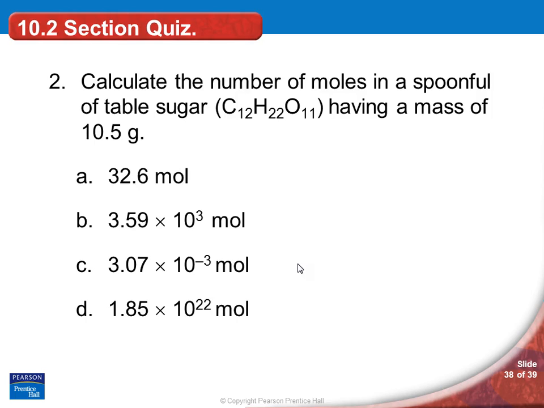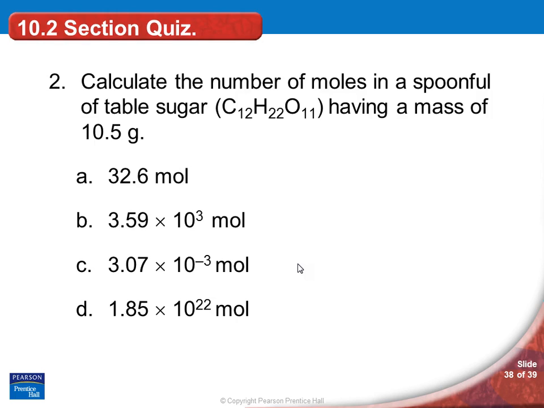That's grams, and that gets us to moles. What's the next step? That's it. Good. 10 divided by 3.42. I think it probably would be 3.07 somewhere around there. There's no decimal. 342. .00307.